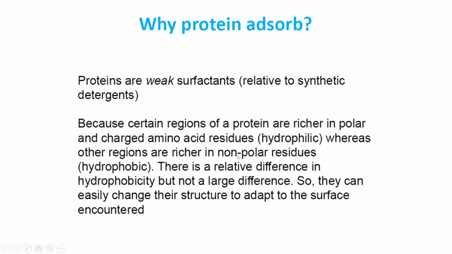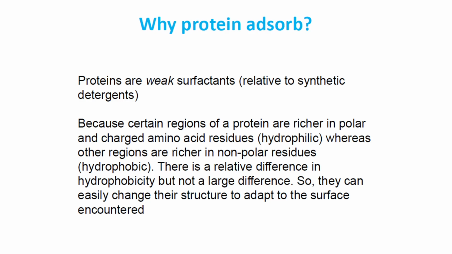Whenever there is a surface, it can be hydrophilic or hydrophobic. Whenever proteins come in contact with the surface, they can easily change their shape and conformation to adapt to the surface. For example, if you have a hydrophilic surface, the proteins present in the body are already in a hydrophilic environment, so they can easily attach onto this hydrophilic surface.